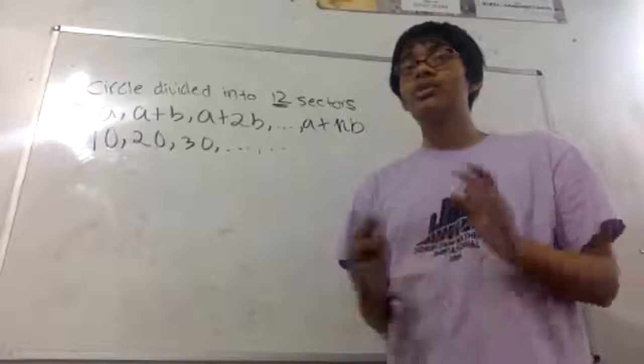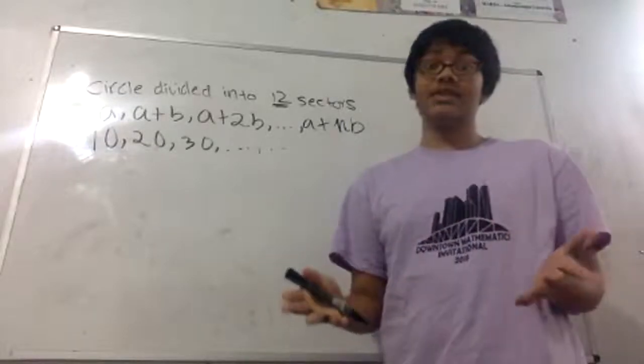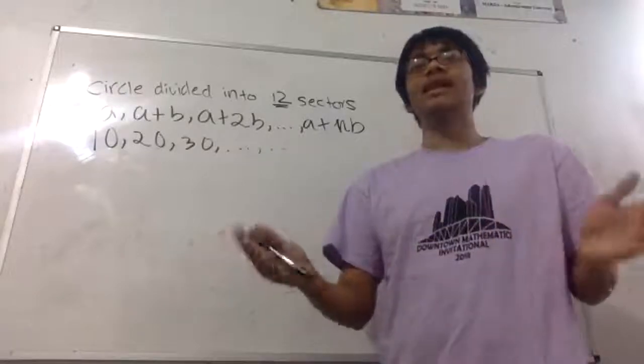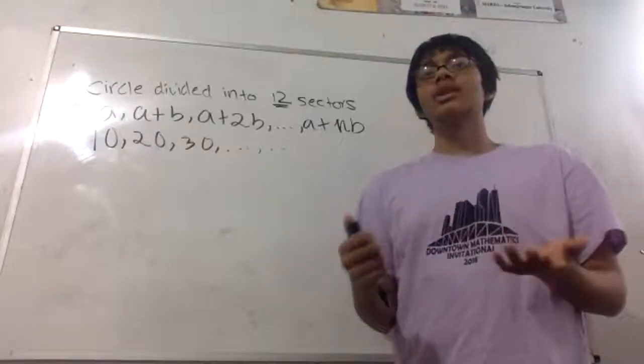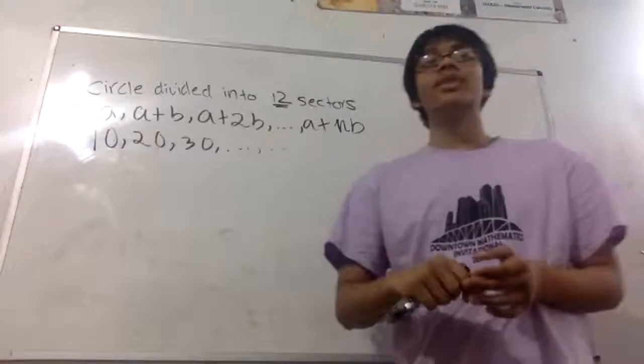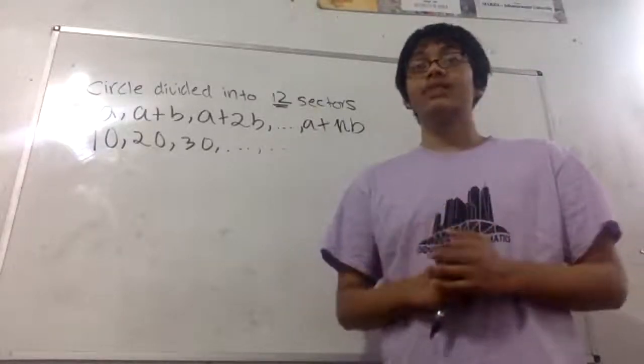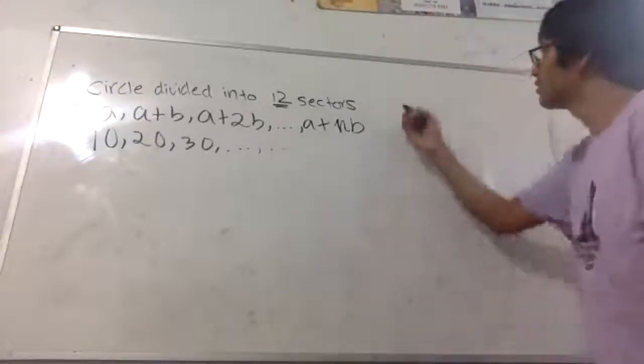So in this problem, we're told that we have 12 sectors, and we know that this is a circle, so all these sectors add up to 360 degrees. So what can we do to help us find the measure of the smallest sector? Well, we use the formula for the sum of an arithmetic sequence, which turns out to be the following.